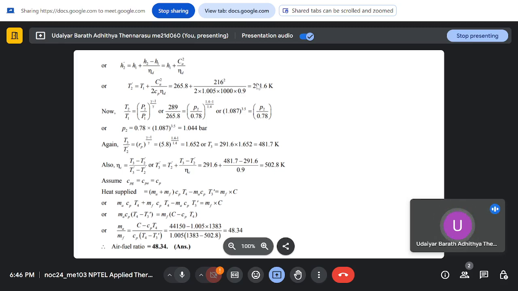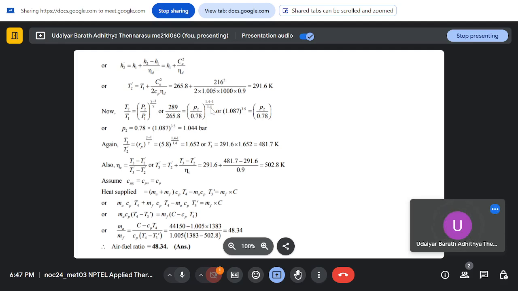For an isentropic process, T2 by T1 equals P2 by P1 raised to power gamma minus 1 by gamma. So T2 is 289 divided by 265.8 equals P2 by your inlet pressure, which is the ambient pressure, 0.78, raised to power 1.4 minus 1 by 1.4, gamma for air being 1.4.